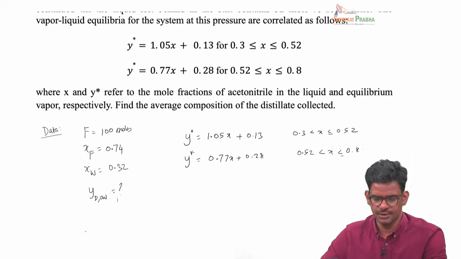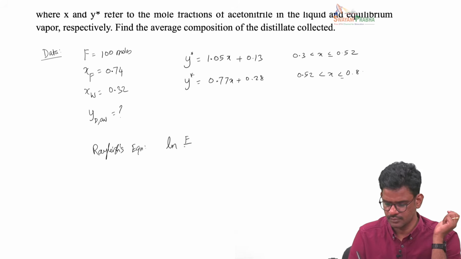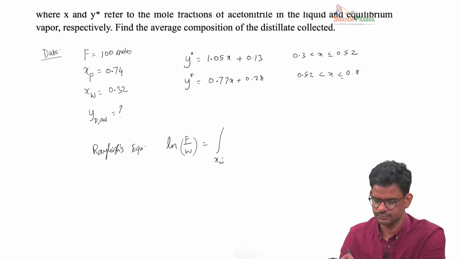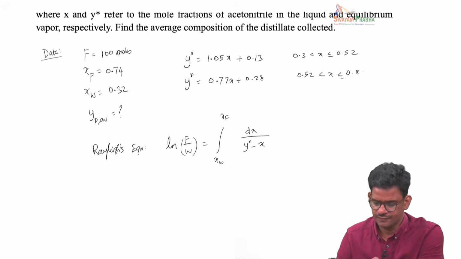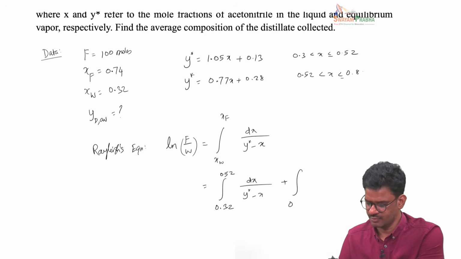So, the operation is batch distillation, so we will start with Rayleigh's equation. Here XW is 0.32 and XF is 0.74, but this can be decomposed into two limits: 0.32 to 0.52, and then from 0.52 to 0.74.